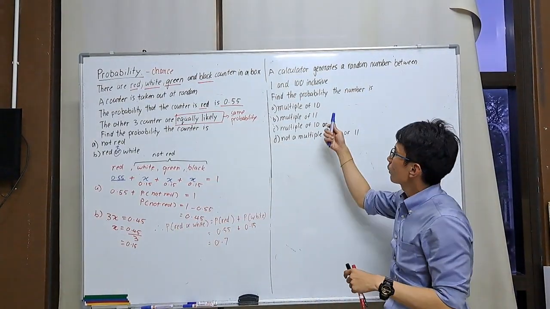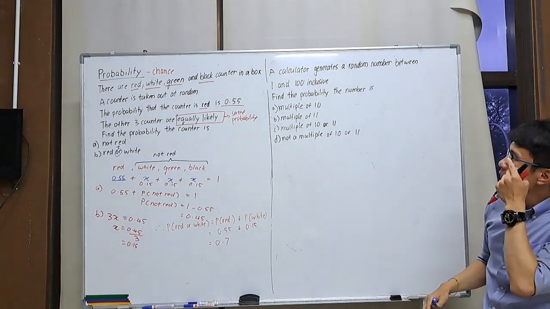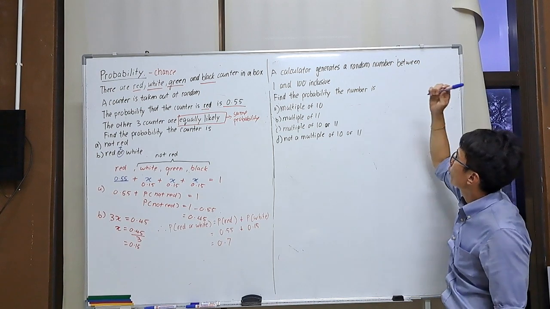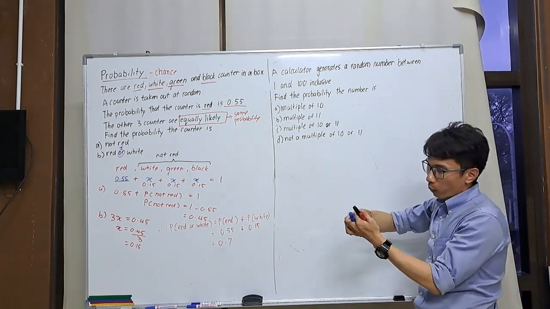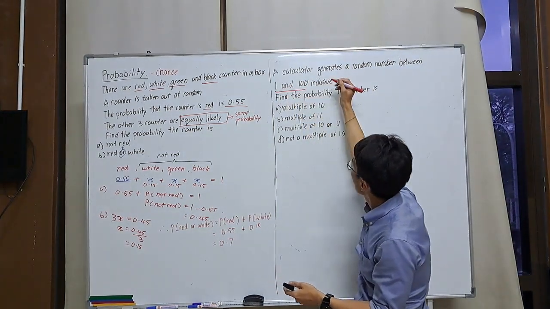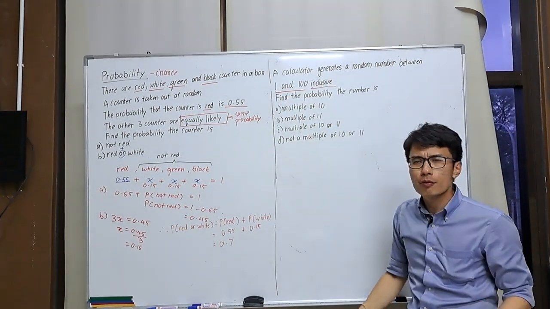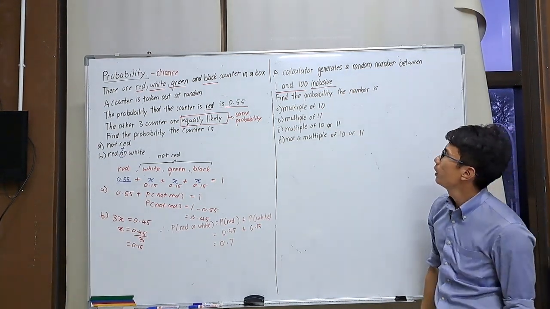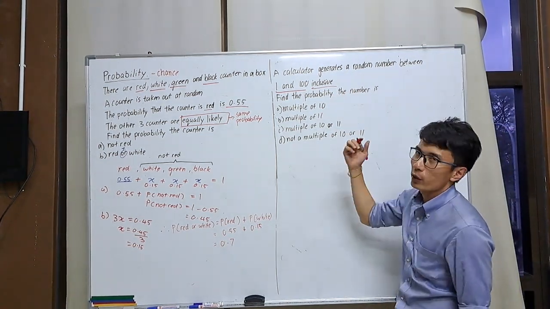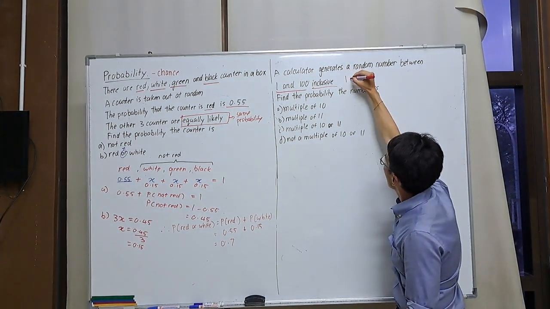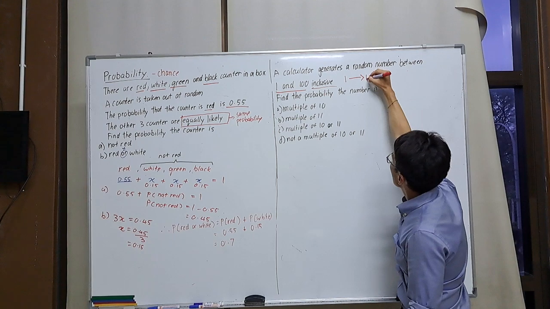Now, let's look at this example over here. It says that a calculator generates a random number between 1 to 100, between 1 to 100 inclusive. Now, what does this sentence tell you? It's telling you that we are including the numbers from 1 all the way to 100.